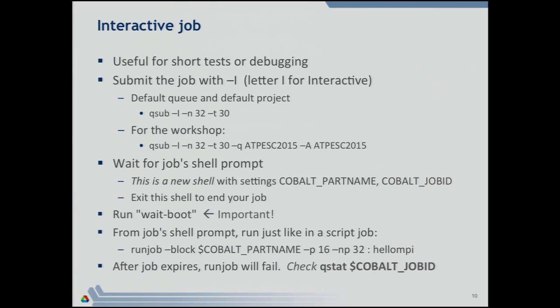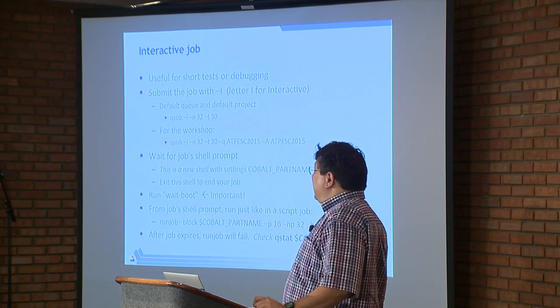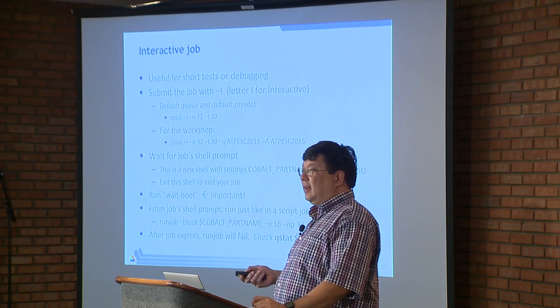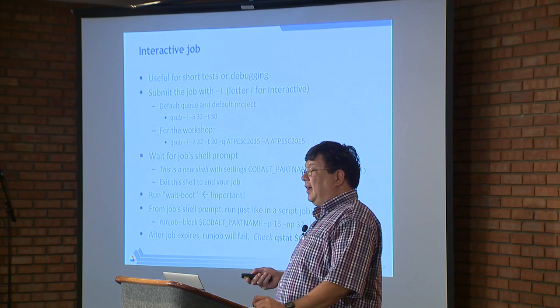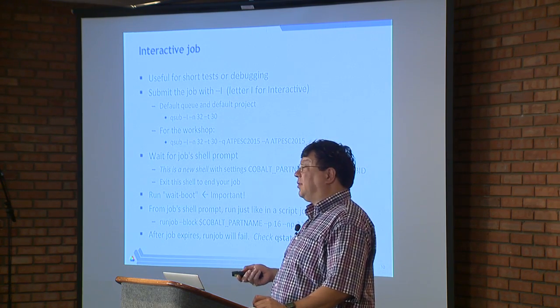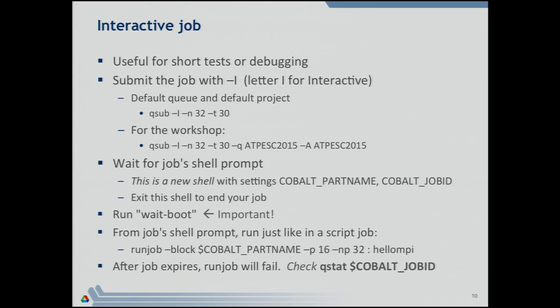Now, there's only one thing different from submitting a normal batch job: when you get the shell prompt, the partition may not be quite ready to use yet. It's something that we should be able to take care of automatically, but we're not able to right now. So you need to just type this command when you get the shell, wait-boot.